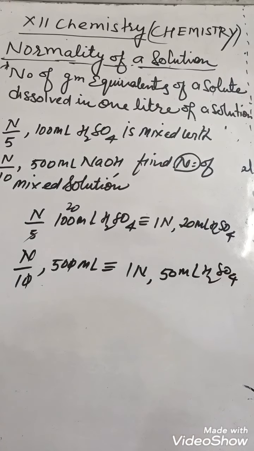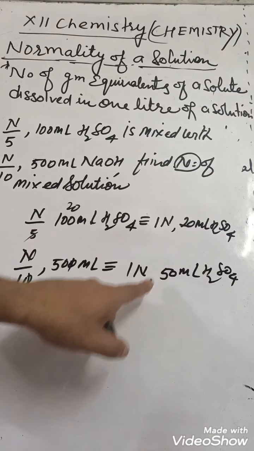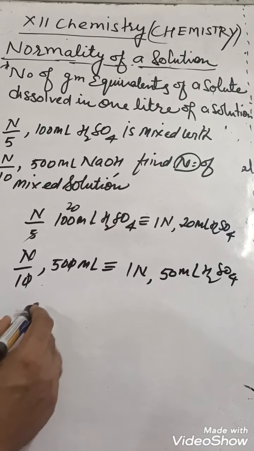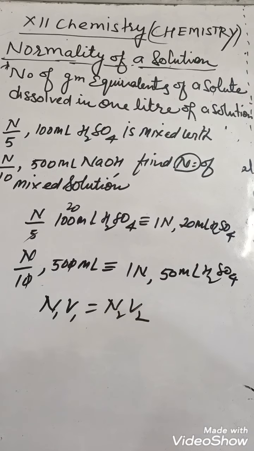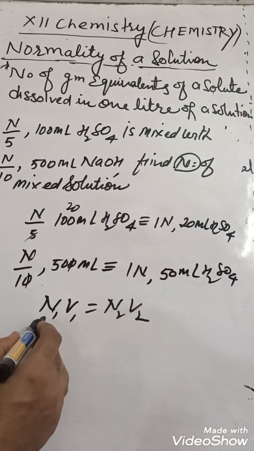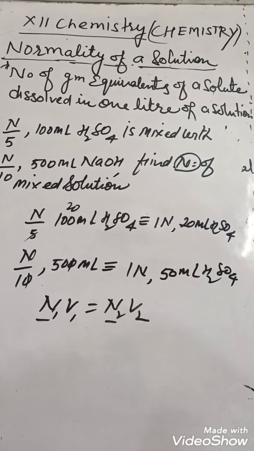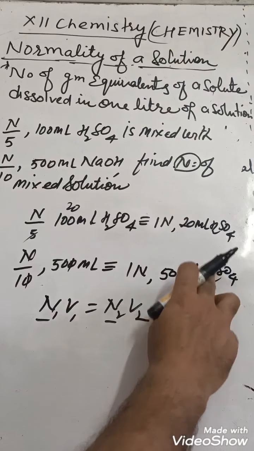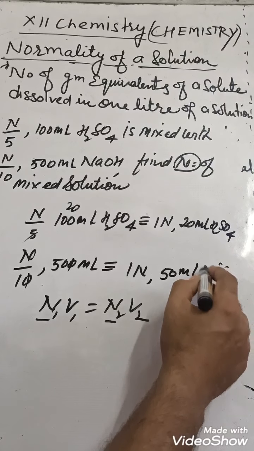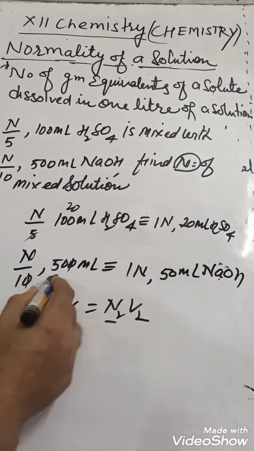So here we have taken the normality of both solutions equal, and you know by the normality equation N1 V1 is equal to N2 V2.